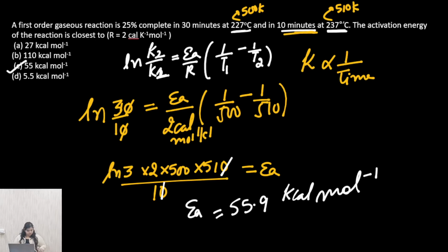Okay, so moving on to the next one. In a reaction between NO and H2, the following data of experiments 1 and 2 has been obtained. The first experiment was performed keeping the hydrogen constant, and the second experiment was carried out keeping the pressure of NO constant.